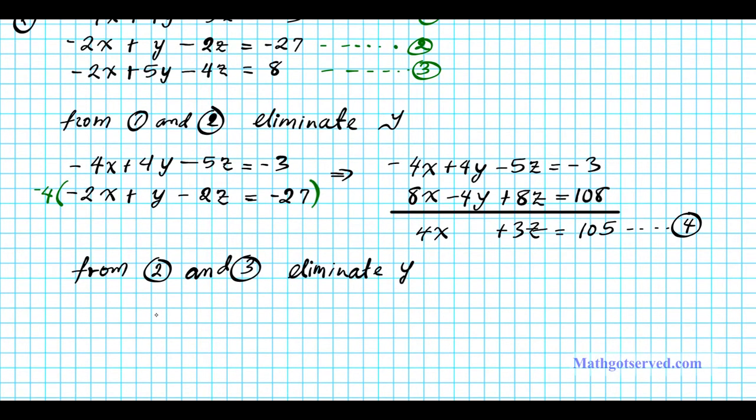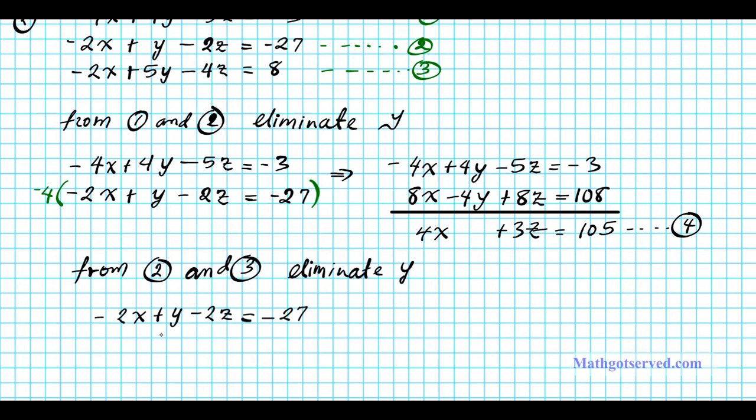From equation 2, we have negative 2x plus y minus 2z equals negative 27. This is equation 2.